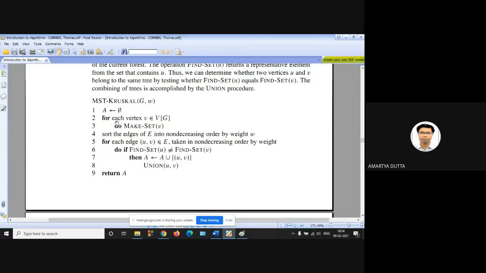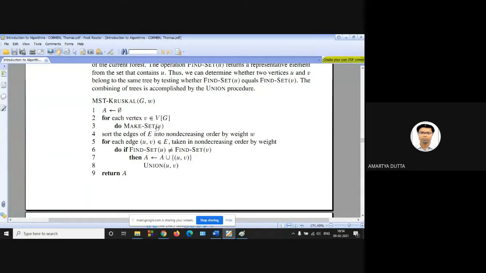So for line number 2, for each vertex v that belongs to the set of vertices, do make set v. What do you mean by make set v? Make set v is a function whose argument is your small v, and it returns this particular vertex.